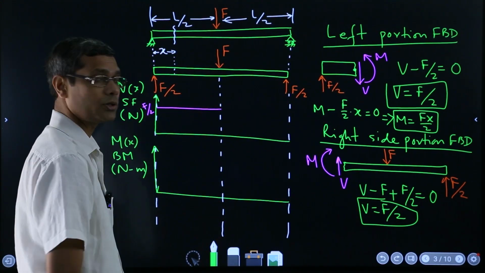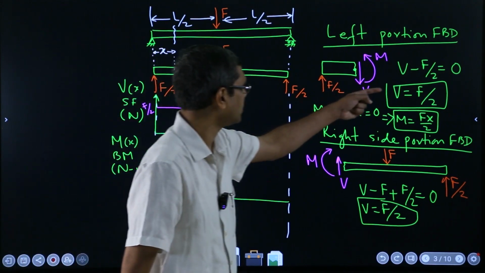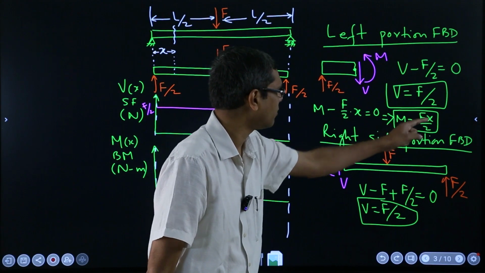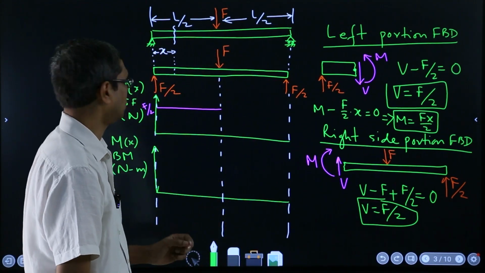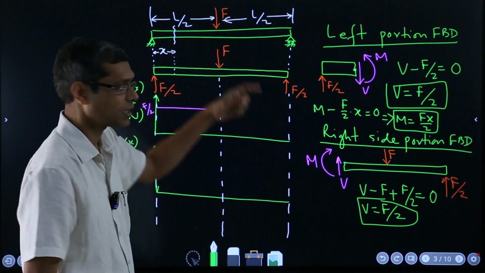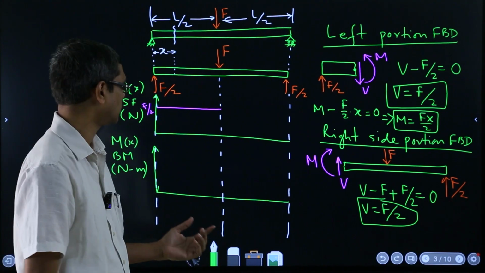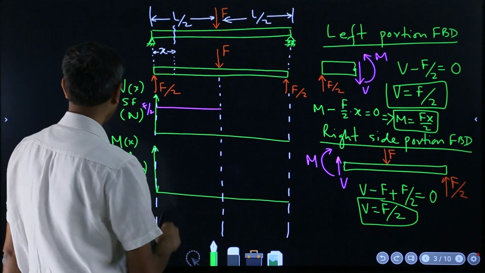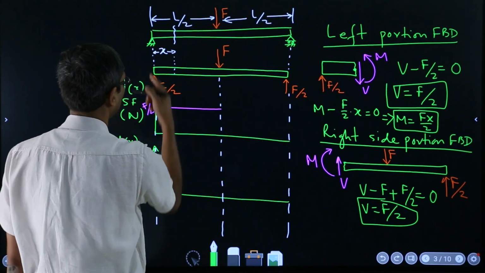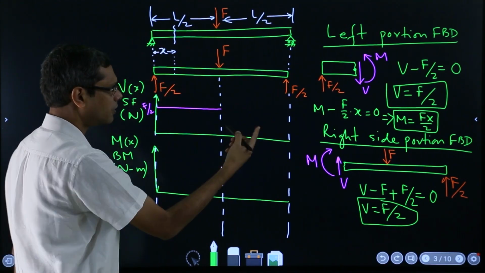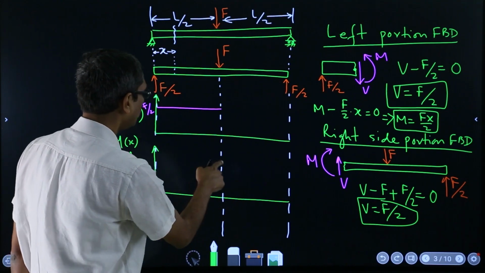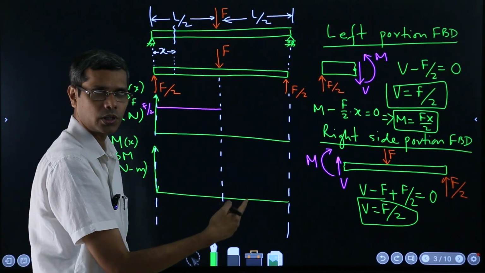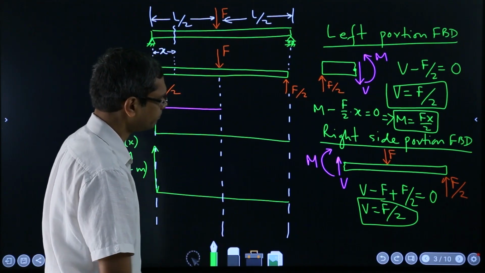And so here you see, in the shear force case it was a constant value, but now you are getting a function of x. But over the whole section, as a function of x the value of M, you can actually draw it, right? So when x is equal to 0, you are just at the beginning, so the M is 0, and when you go to x is equal to L over 2, you have FL over 4.